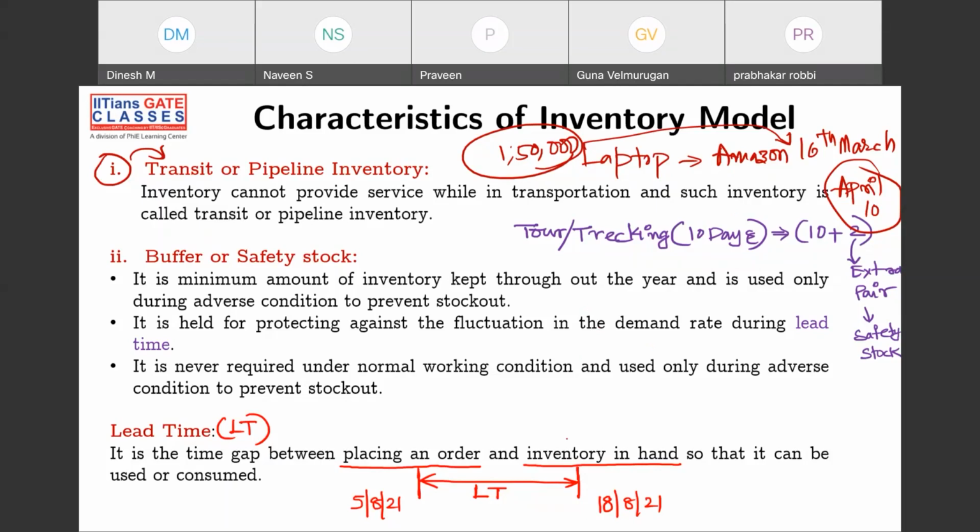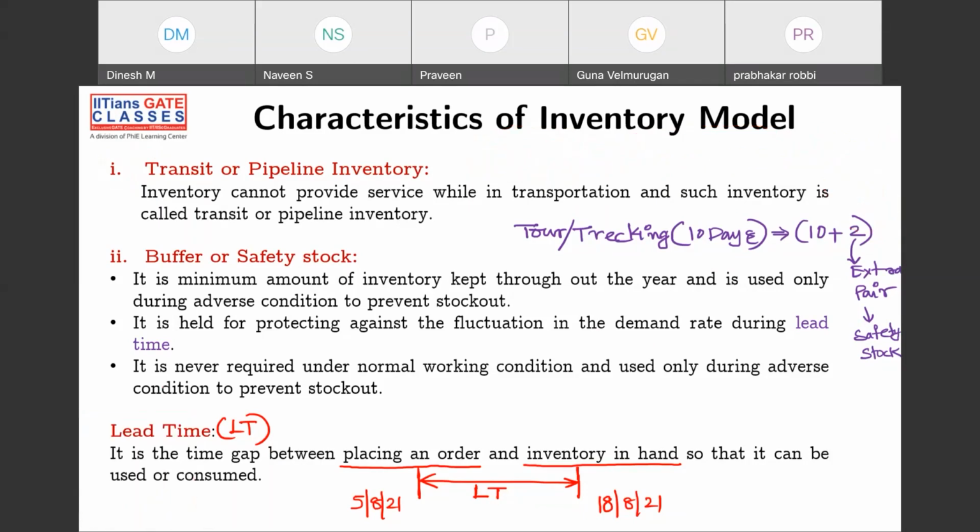Everything is happening, and that is also inventory. Sometimes something might happen there. You say, sir, Amazon will take care of it. It means that there is a loss for Amazon, no? So transit or pipeline inventory means the inventory which is in transportation.